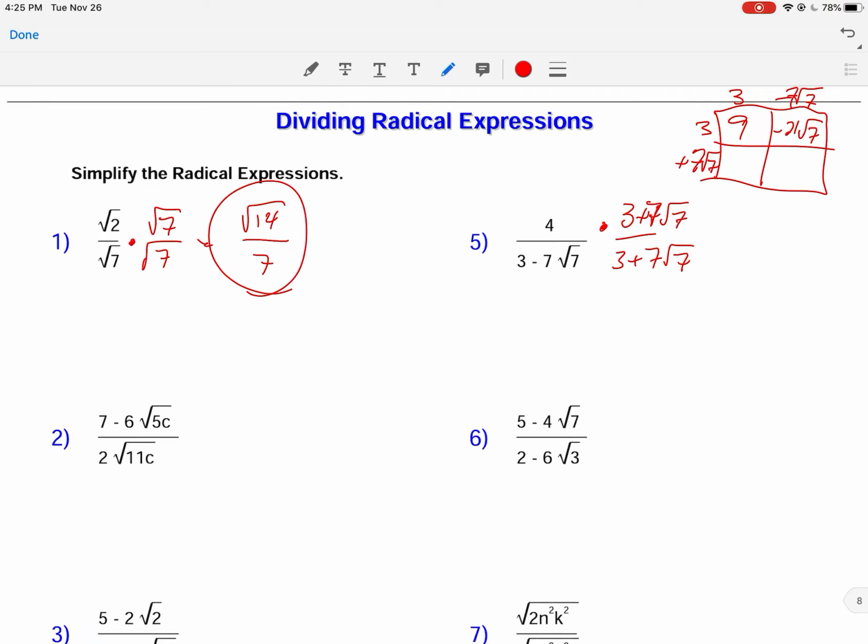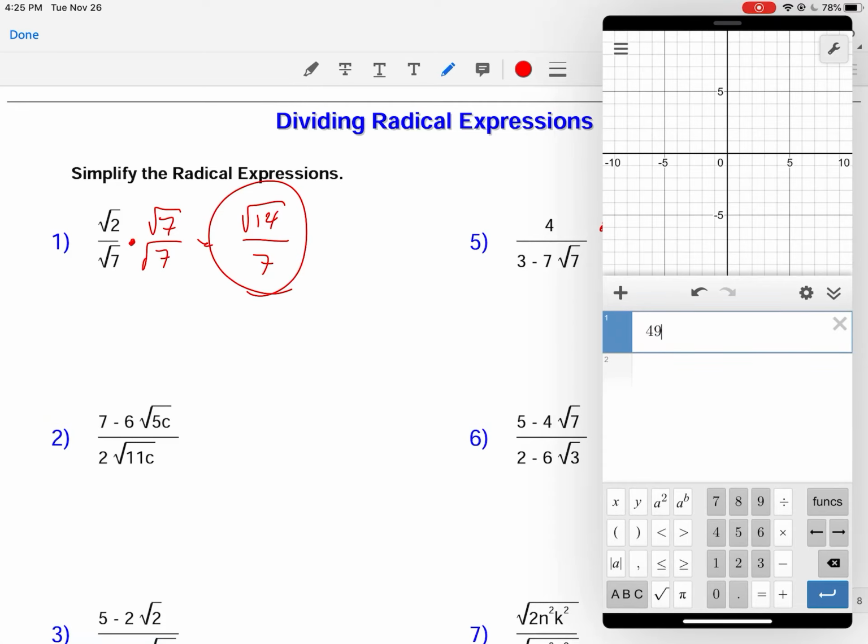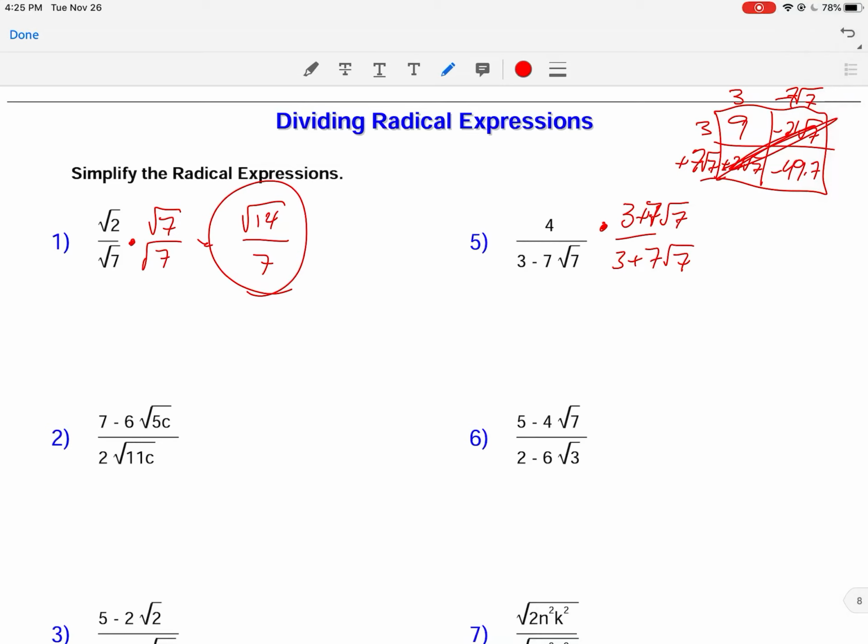That's negative 21 square roots of 7. It's positive 21 square roots of 7, so those cancel out, and we're left with negative 49 times 7. What's 49 times 7? 343. So 3 minus 343 is going to be negative 340. So we get negative 340 on the bottom.